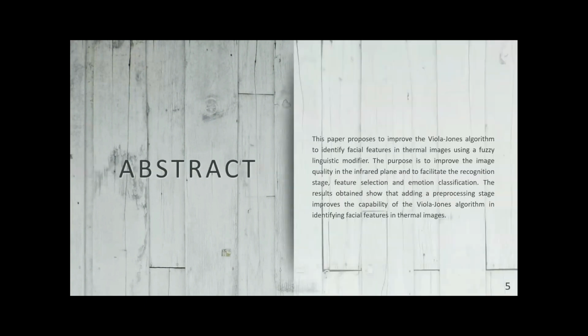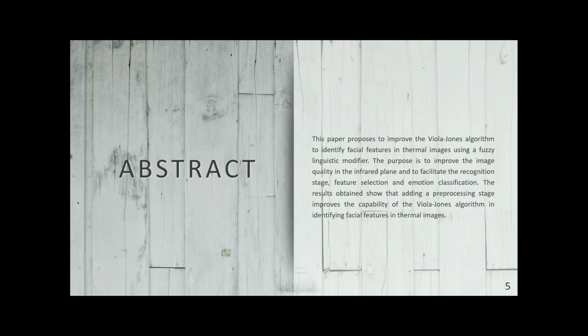Next, we have the abstract of this paper. We propose to improve the Viola-Jones algorithm to identify facial features using thermal images. Why thermal images? Because we could get more features from this kind of picture, and this is an area where there is not a lot of research.